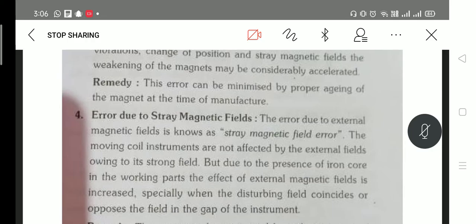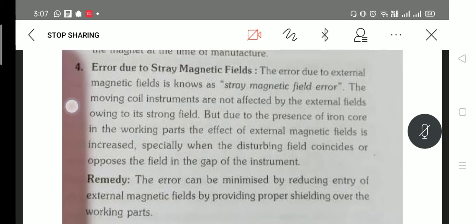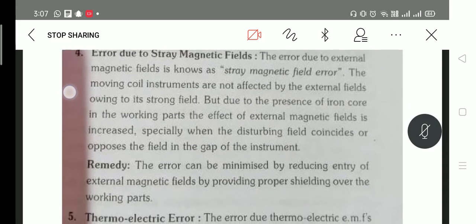So in this case we get some errors from the external magnetic field. We can avoid these errors by providing proper shielding. Okay. Then we can avoid this error.